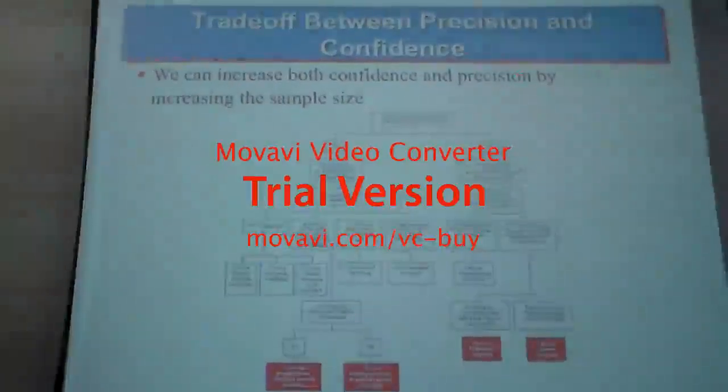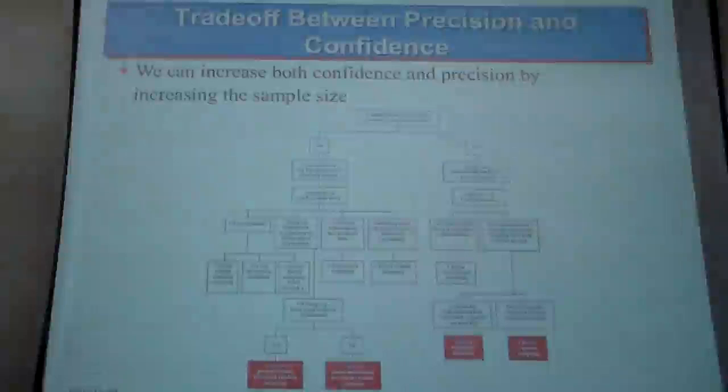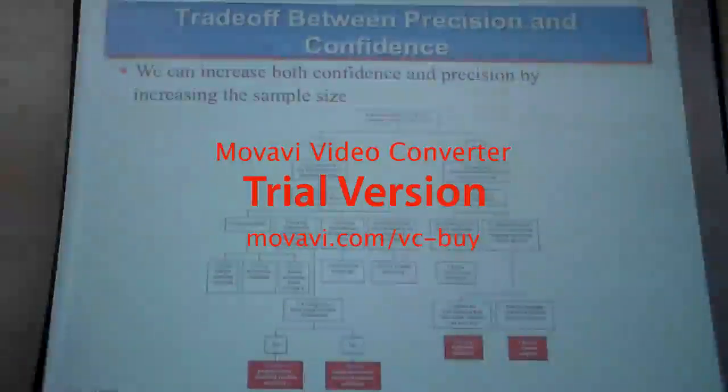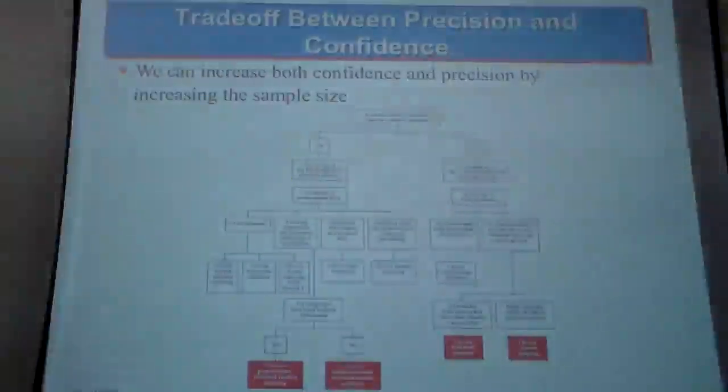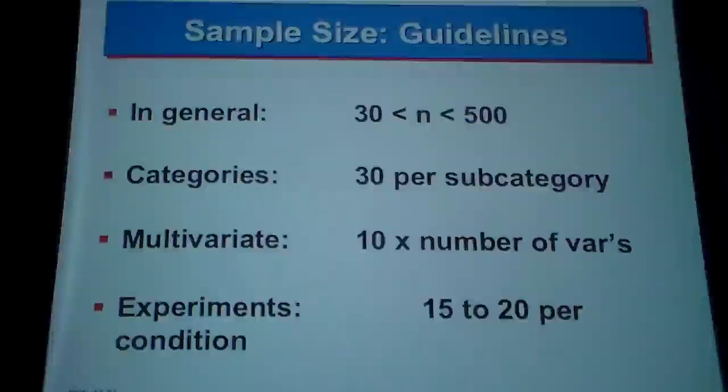The precision, the accuracy, also increases because you have additional examples from the population. In machine learning, if you increase the number of elements in training, the machine learns better.